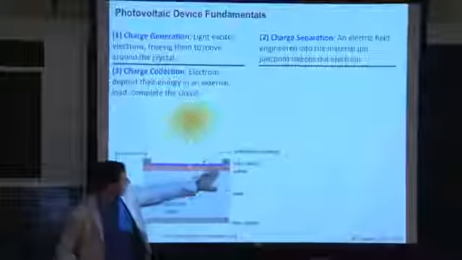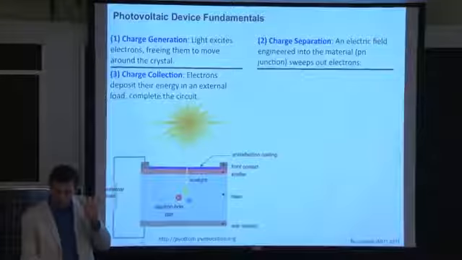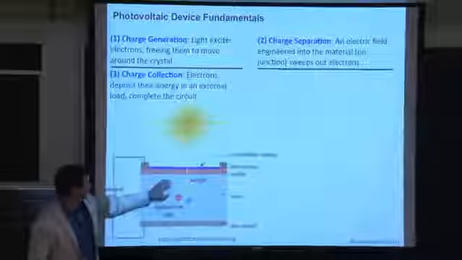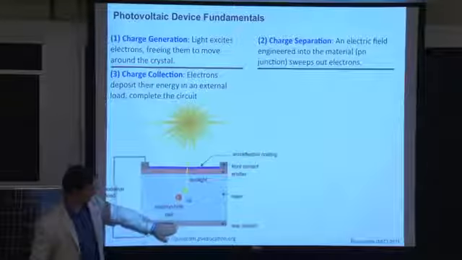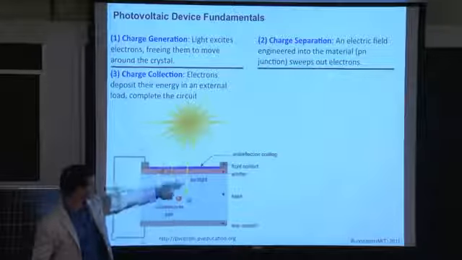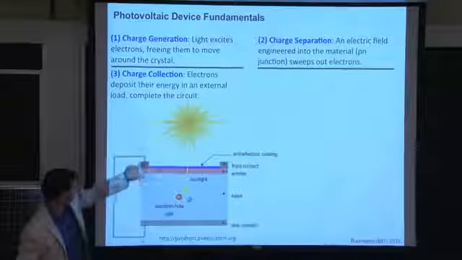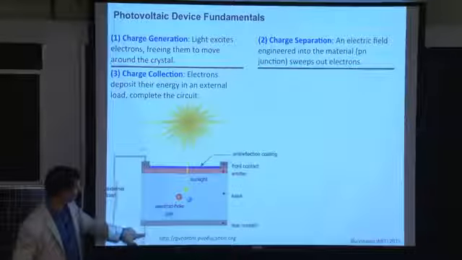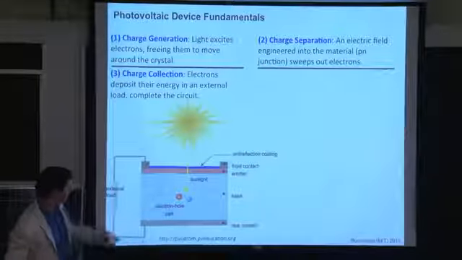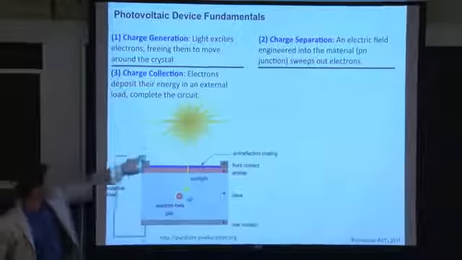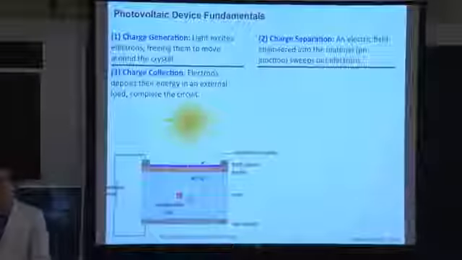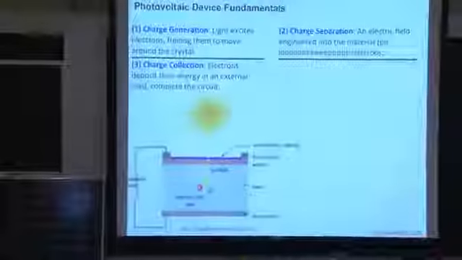There's a built-in electric field which serves to separate that charge and create the voltage. And so one of the charges goes here, the other charge goes to the back. Right? So you have a voltage or a potential difference across the front terminal and the back one. And then if they're connected via an external circuit to an external load, current will flow through that external load to complete the circuit. And that's essentially how the solar cell device works.